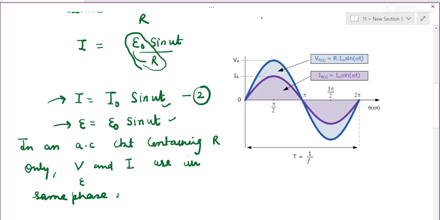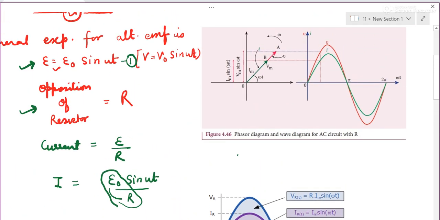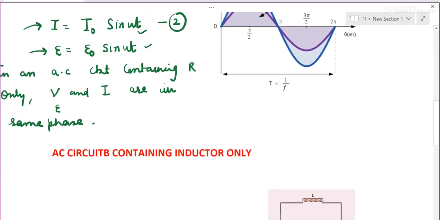So then we have to draw this phasor diagram. So you can see this one, this is phasor diagram. So here you can see this line is your I naught, this is V naught, E naught. Okay, so let me draw it for you.